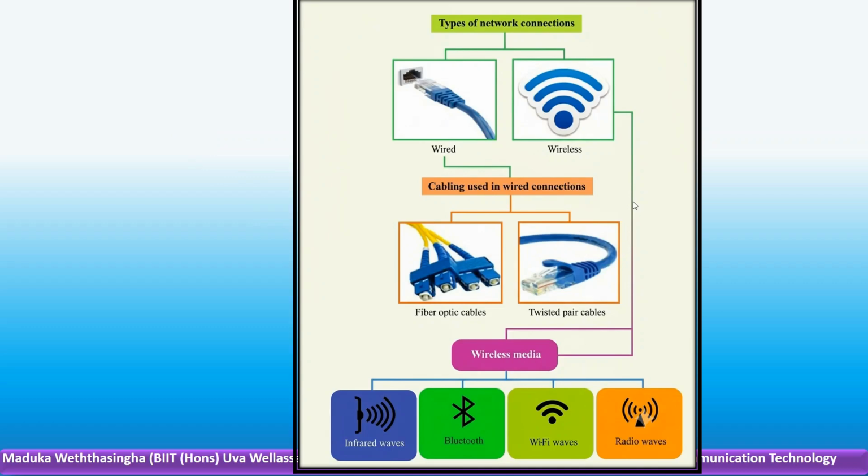Wired connection, here we are discussing about two types of wired connection, fiber optic cables and twisted pair cables. Then wireless, infrared waves, Bluetooth, Wi-Fi and radio waves. In the next video, let's learn about in details the type of computer network connections.